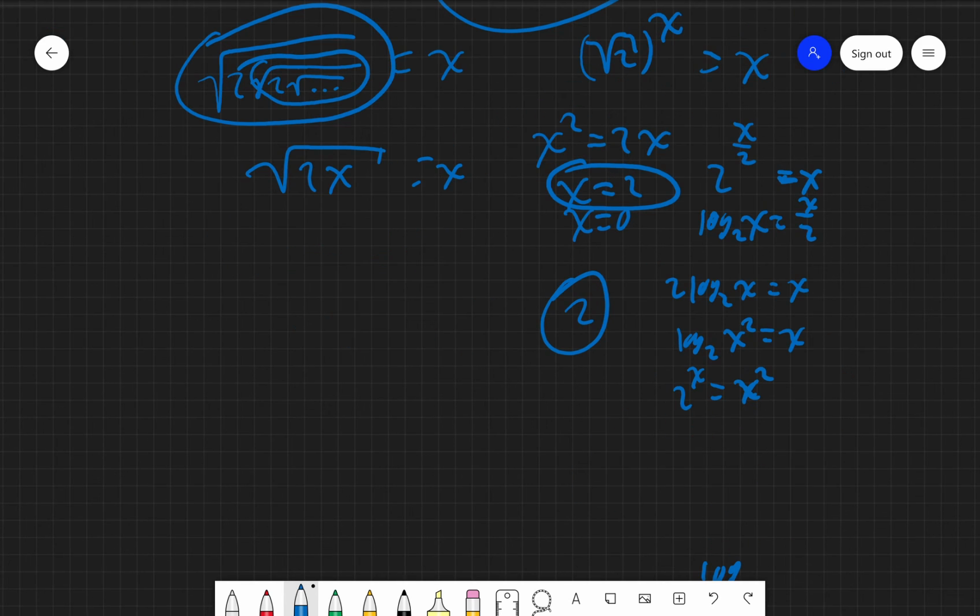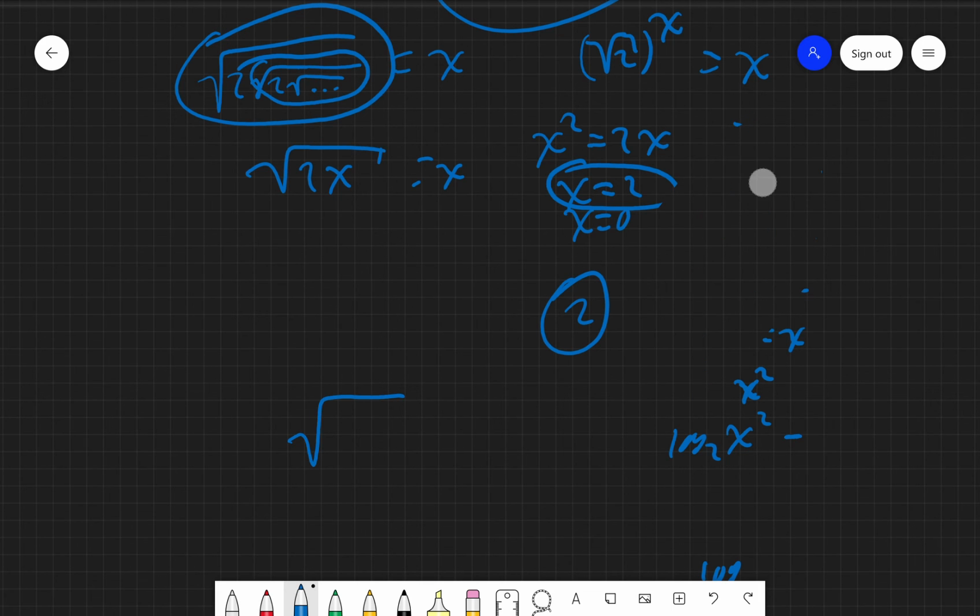You can continue doing log stuff. I might be doing something wrong. There might be an easier way. But notice something: what if we had the 4th root of 2 to the 4th root of 2, you get the point.